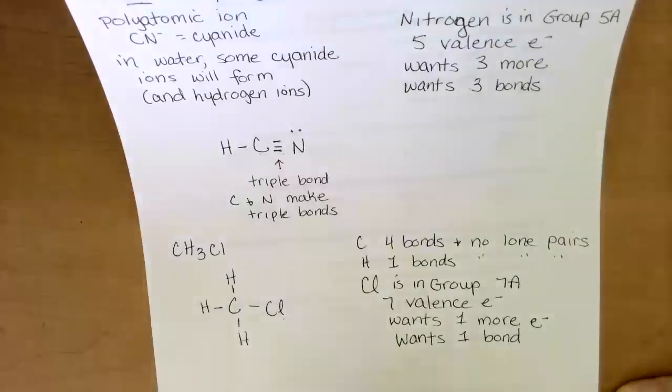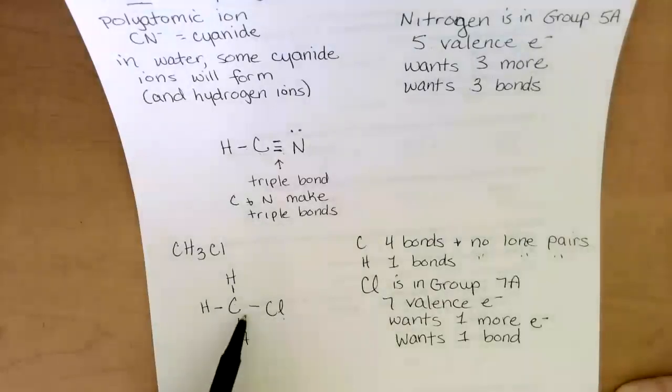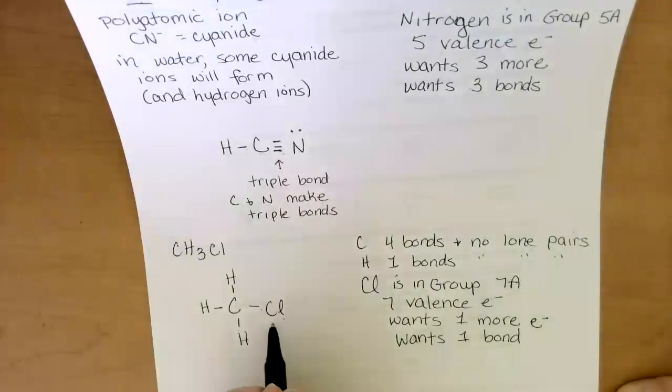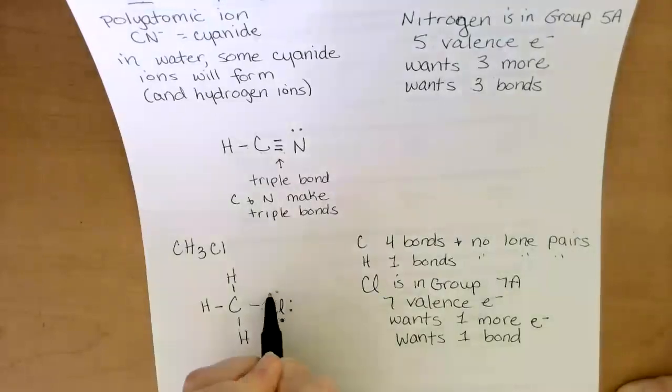Yay! Hydrogen atoms have no extra valence electrons to draw on them. Carbon has used all 4 of his, so there's no lone pairs to draw on him. Chlorine has used only 1 of his valence electrons to form this bond, which means he still has a total of 6 valence electrons to draw in.